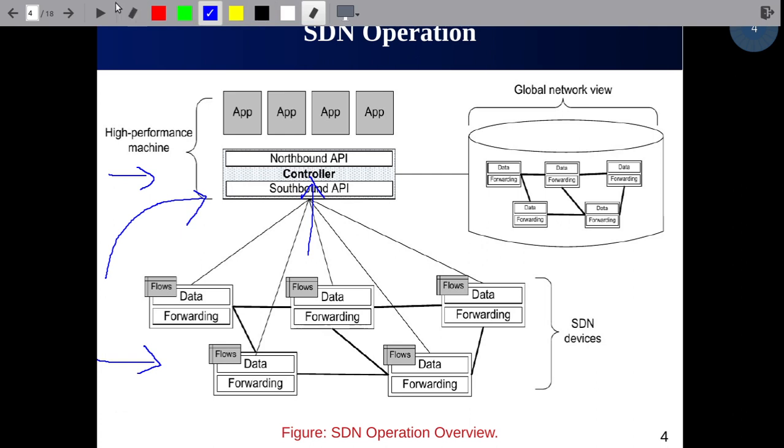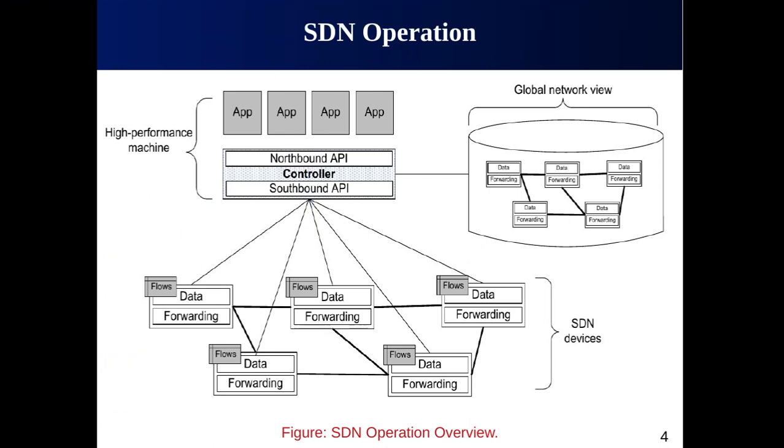Next is the SDN operation, how things actually work. This architecture is pretty much familiar to us now, because we have the three layers here. This is a conceptual level architecture, and from it we are going to understand the operation of the basic components of the SDN.